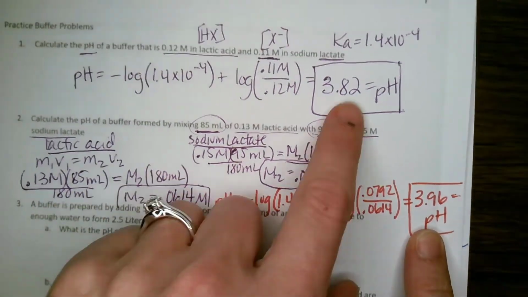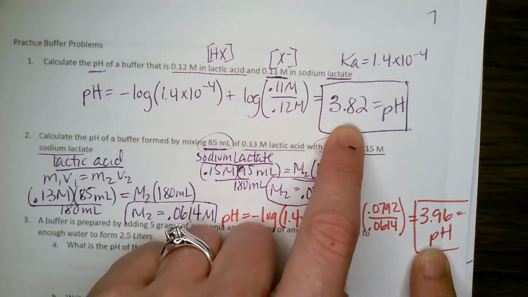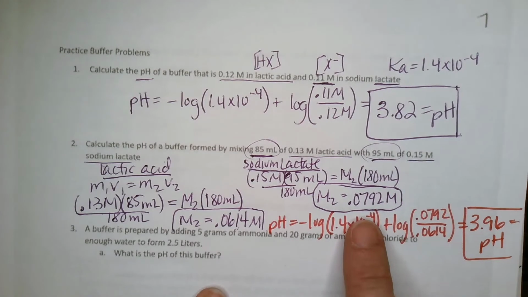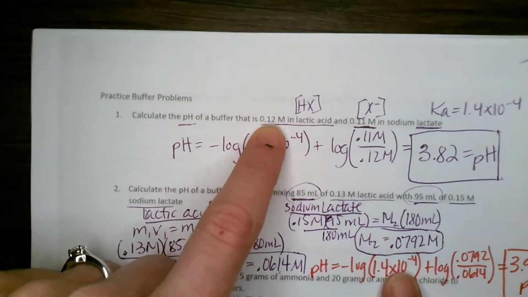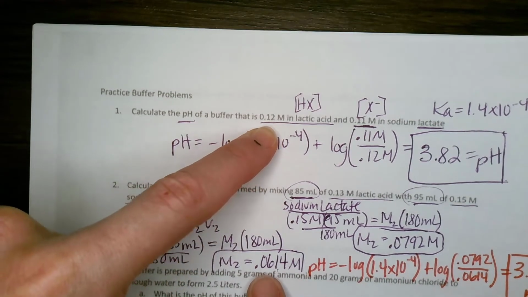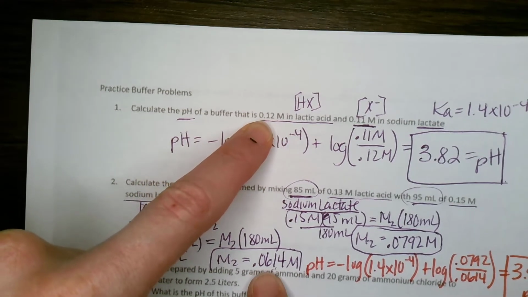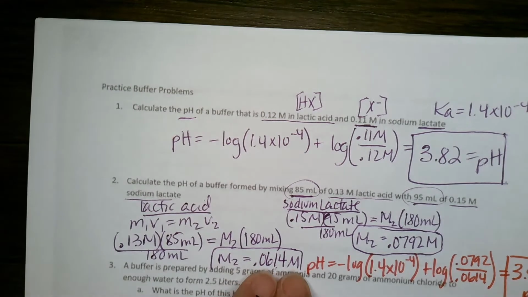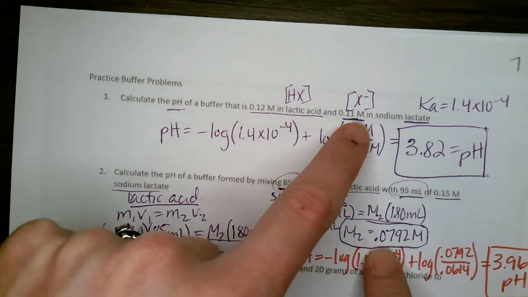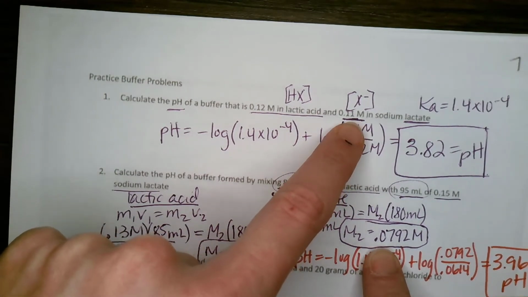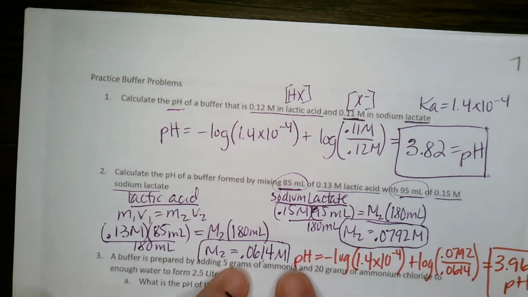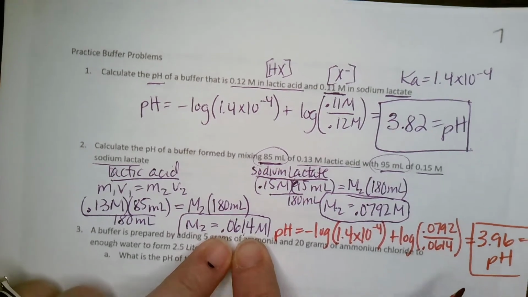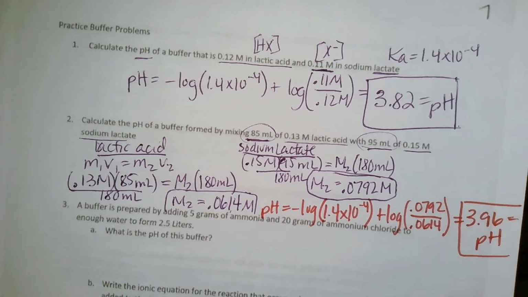Notice that our pH rose a little bit. My acid concentration was definitely smaller, about half, going from 0.12 to 0.06. My base went down just a little bit from 0.11, but my acid concentration was cut in half.